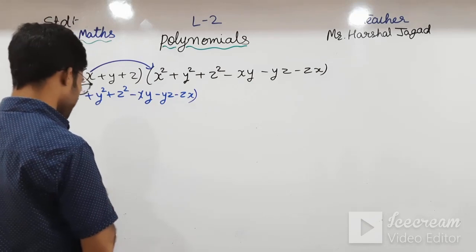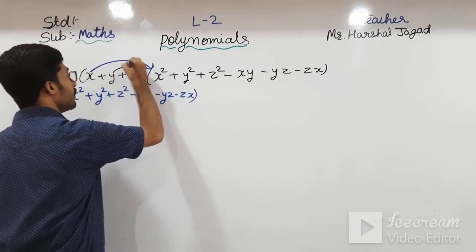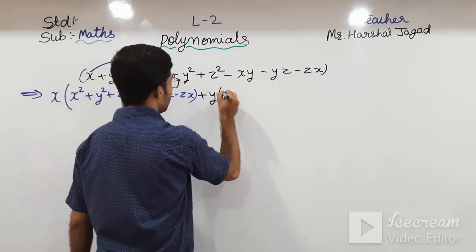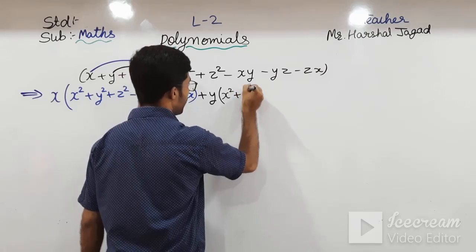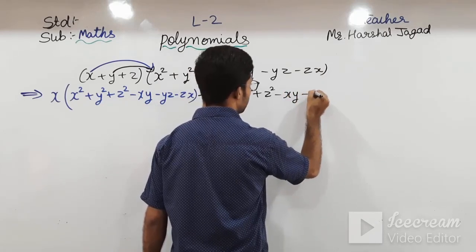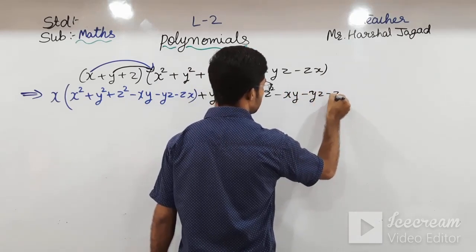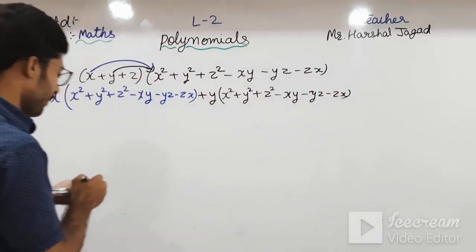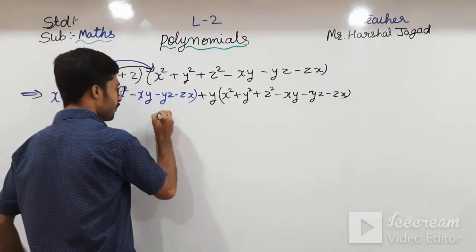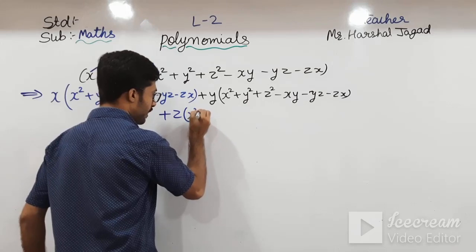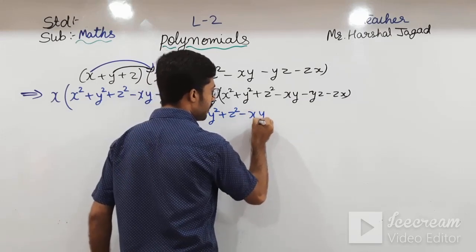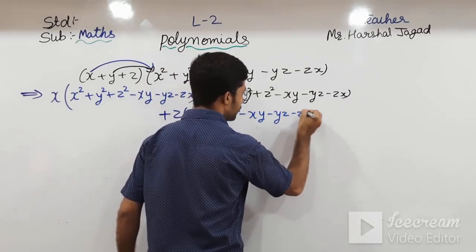Then we will multiply this bracket with y, so plus y(x square plus y square plus z square minus xy minus yz minus zx), and then after we will multiply this with z, so plus z(x square plus y square plus z square minus xy minus yz minus zx).